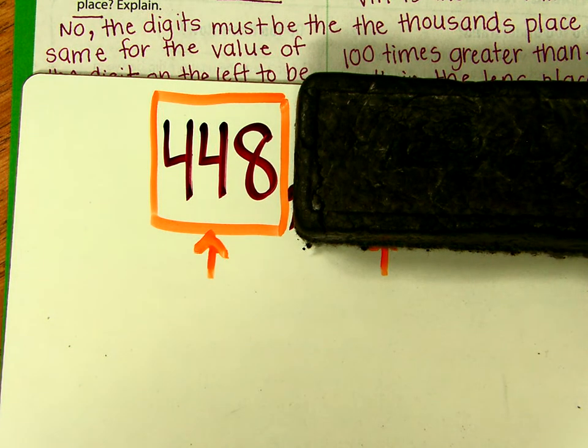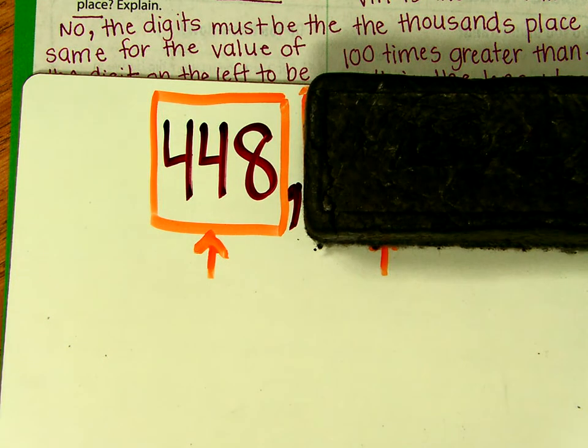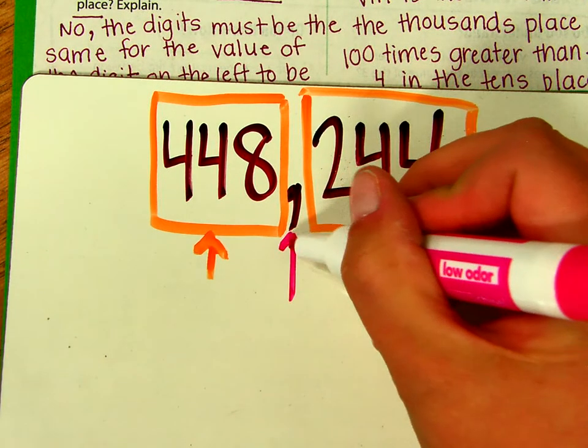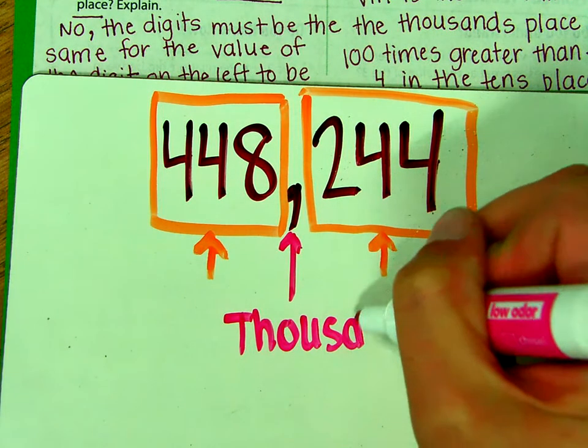So keep in mind that the comma really says the word 1,000. So when you see this comma, your brain should pause for a moment and read the word 1,000. So let's try it.